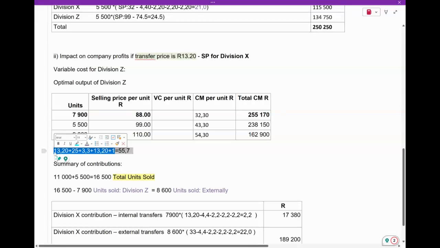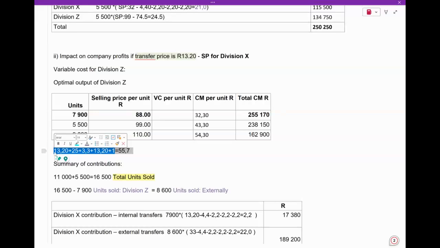There's your starting point. So we're saying it costs Division Z 13 Rand 20 per component, okay? And then plus your other variable costs to make your final product, right? So our variable cost per final product, is she telling you the truth or she's lying? You don't seem convinced.